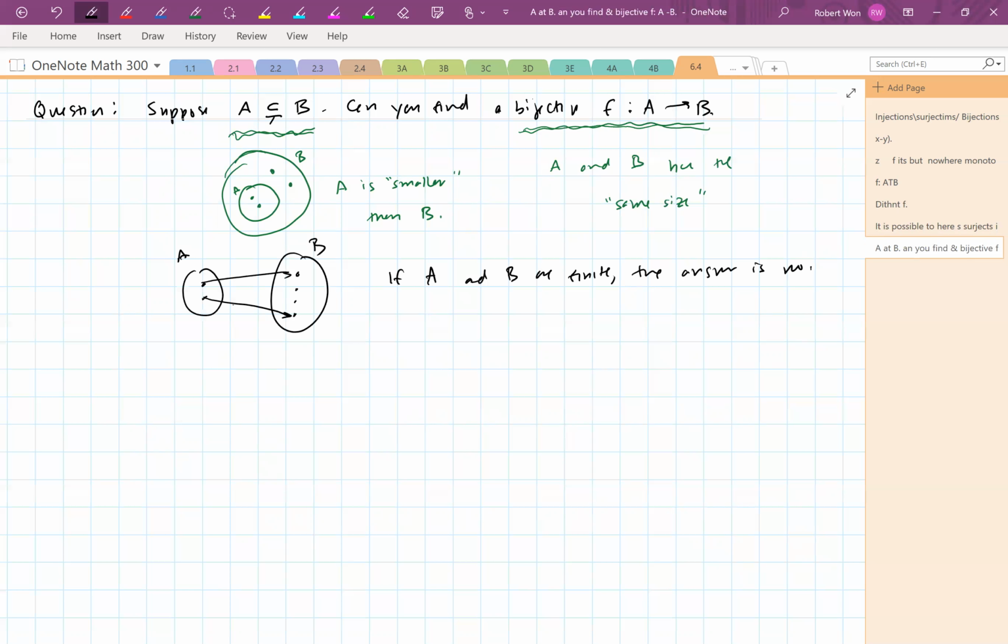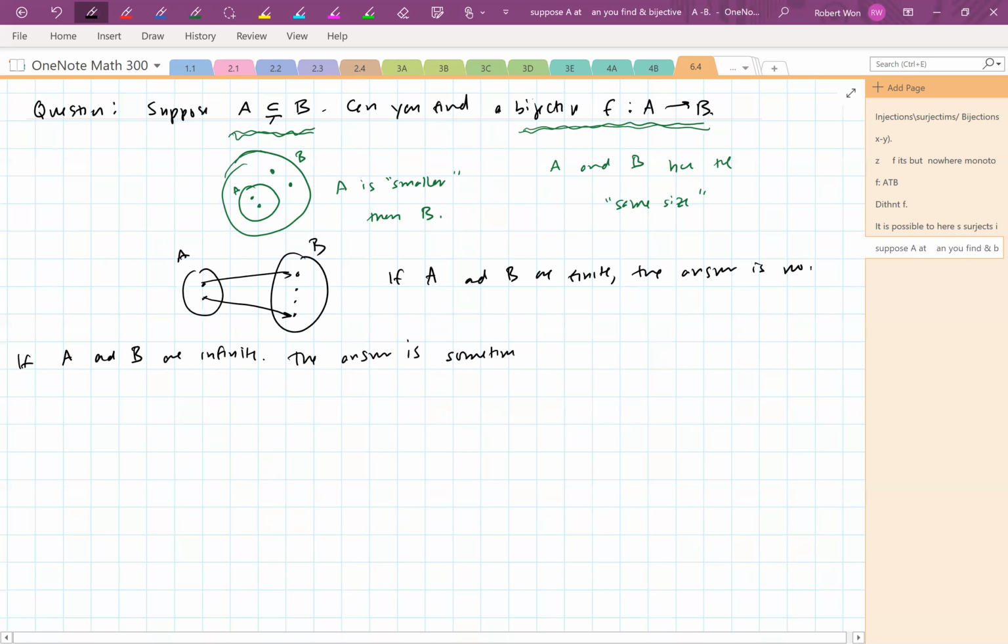However, if A and B are infinite, it turns out that it's possible. Basically because infinity is kind of crazy. So let me give you some examples.